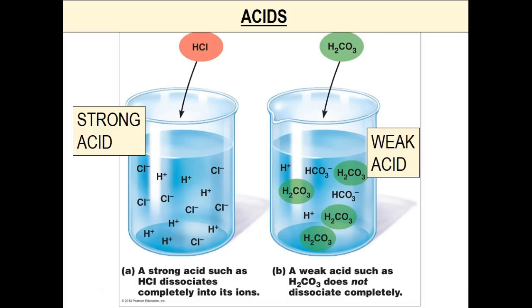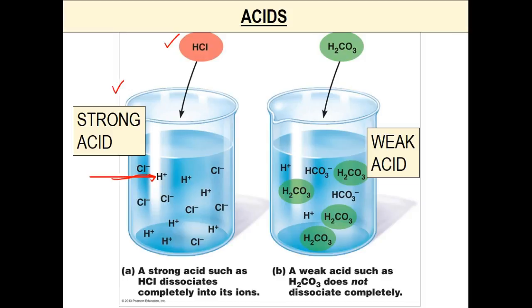Then we talk about weak acids and strong acids. A strong acid is like hydrochloric acid, and that will dissociate into hydrogen ions and chloride ions. What you have to look at to figure out what a strong acid is, is how many hydrogens you have, because remember, the more hydrogens, the more acidic a solution is.